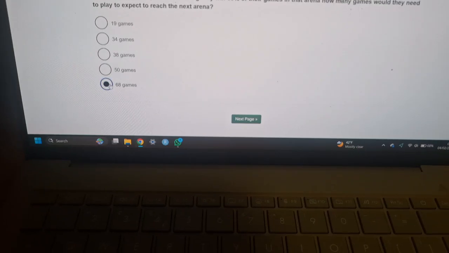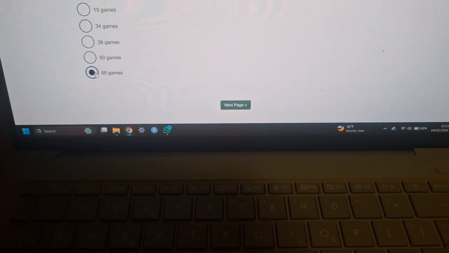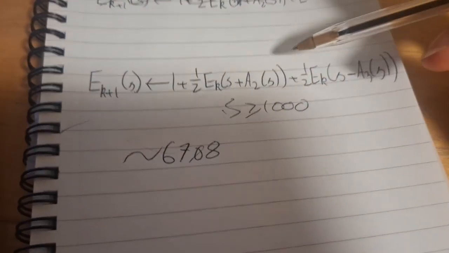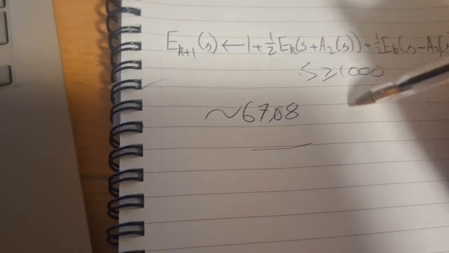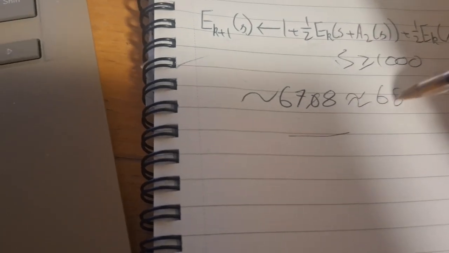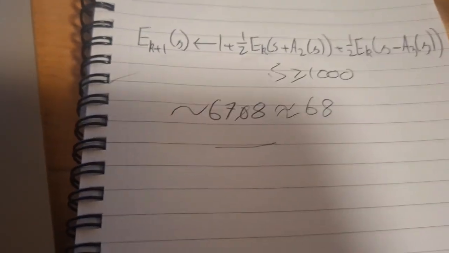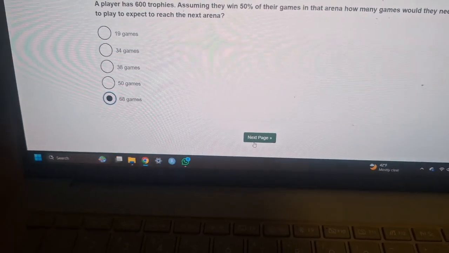Again, we can't have a partial game, so you round that up to 68, because you can't have part of a game, you silly. And then you get the 68 there. And so that's how you solve that one.